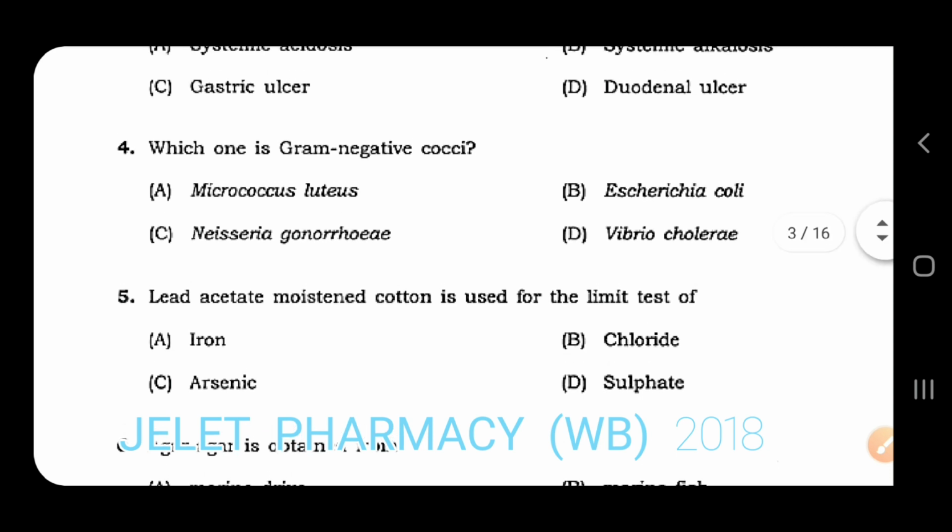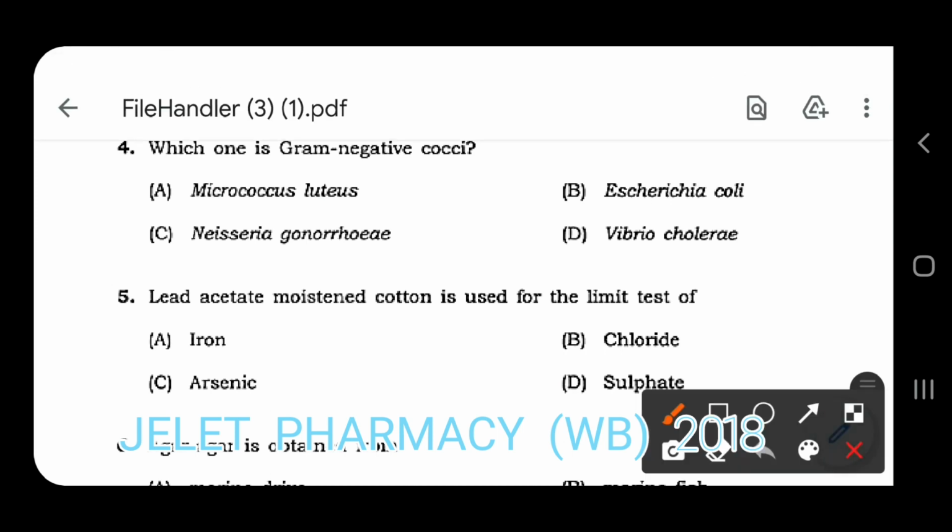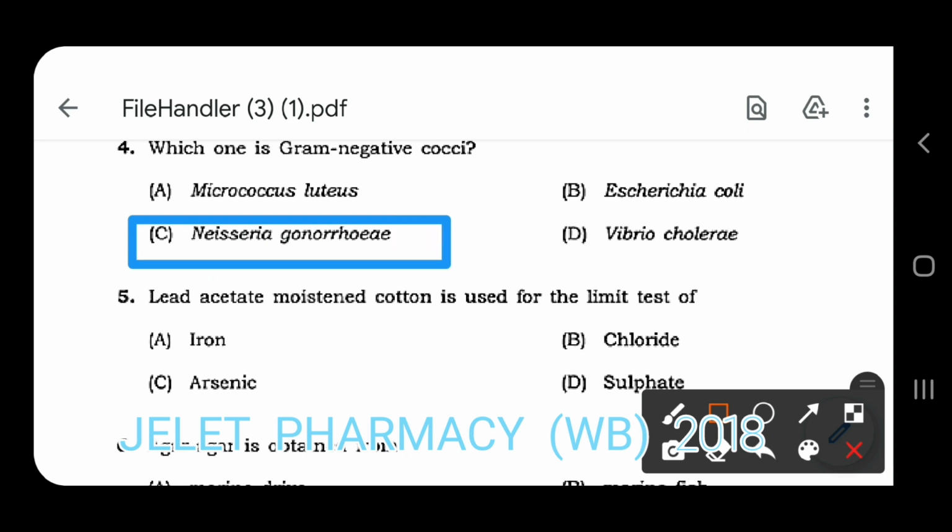Escherichia coli is a gram-negative rod-shaped bacilli. Neisseria gonorrhoeae is a gram-negative cocci, and Vibrio cholerae is a gram-negative comma-shaped bacteria. So the correct answer is Neisseria gonorrhoeae.